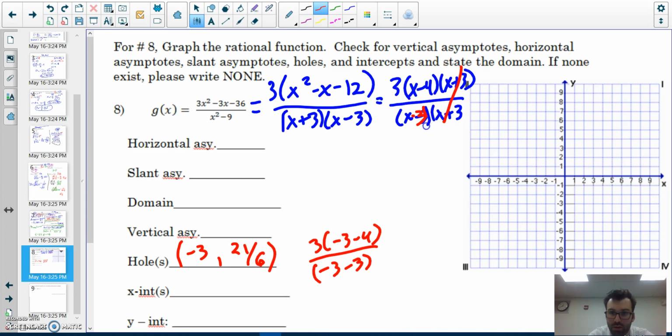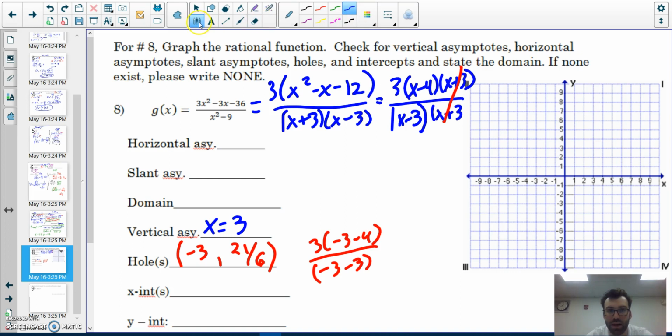So I want to figure out, what's my vertical asymptote? My vertical asymptote is whatever is left over in the denominator. I take my leftover factors, which is just x minus 3, and set that equal to 0, so my vertical asymptote is x equals 3.